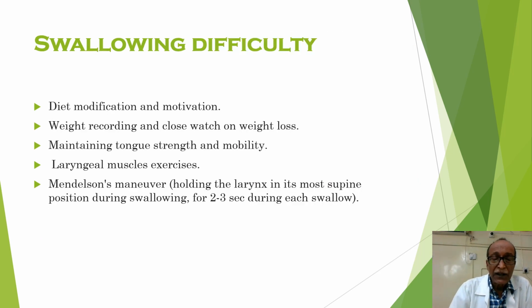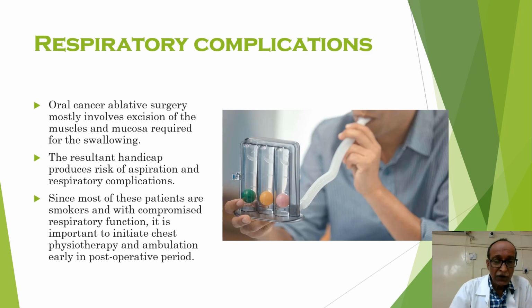Swallowing difficulty will require diet modification and motivation, maintaining tongue strength and mobility, laryngeal muscle exercises, and the Mendelsohn maneuver. Respiratory complications may be prevented by incentive spirometry, even at the beginning of treatment, and post-treatment this should be continued.